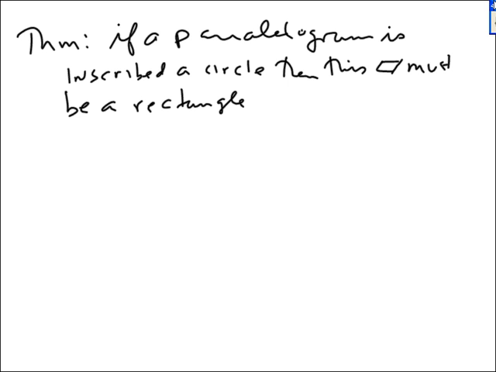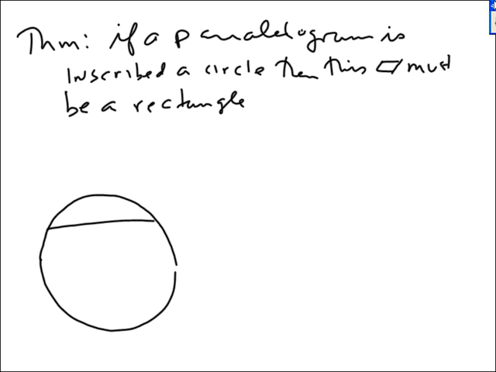If you have this perfectly round circle, and you have this arc and this arc parallel, and this arc and this arc parallel, what's inside is a rectangle.